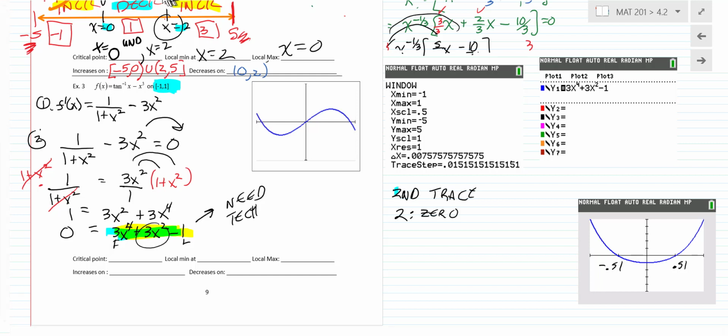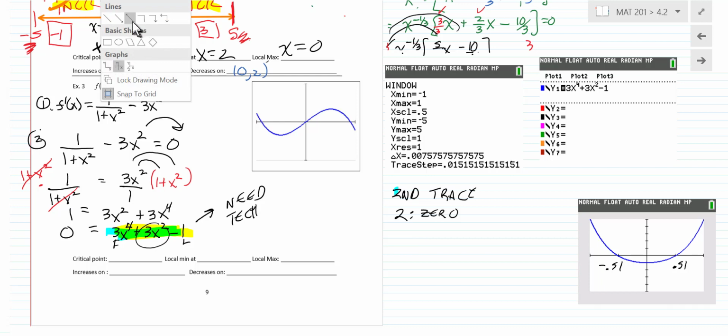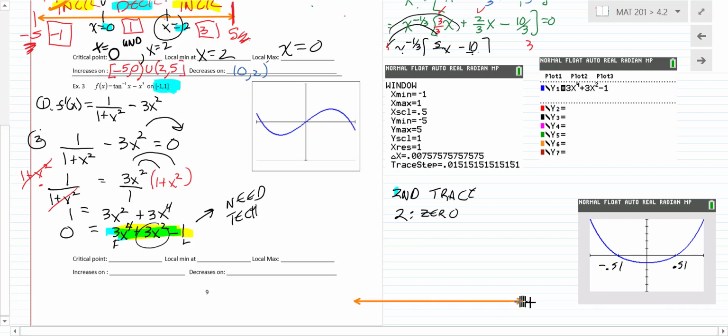Okay? So now what I'm going to do, now this is a great technological problem, so we're going to go ahead and do our sign chart, but we're going to use our calculator 100% for the rest of this problem since we already got it out. Let's go ahead and draw the number line, and let's see our critical points.